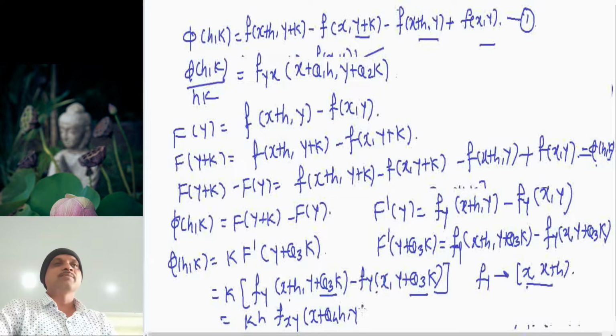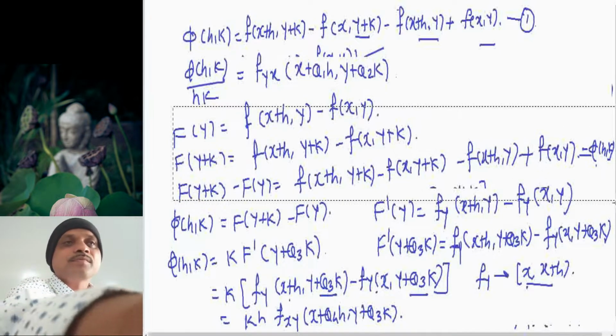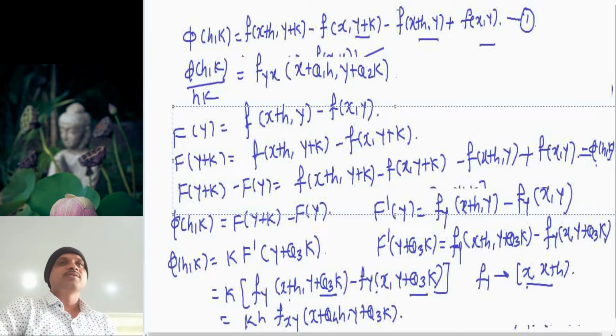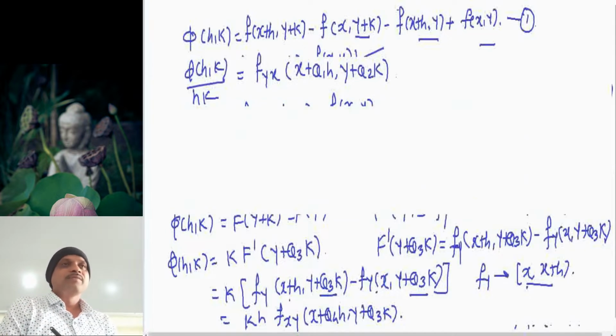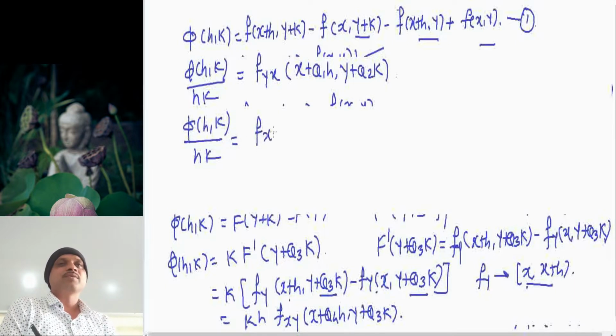Okay, so from this expression we have now the value of phi of h, k. Phi of h, k divided by hk equal to f_xy at x plus theta 4 h, y plus theta 3 k. Left hand side is equal, so right hand side must be equal.